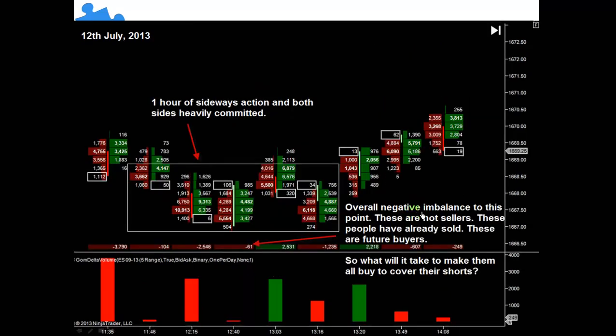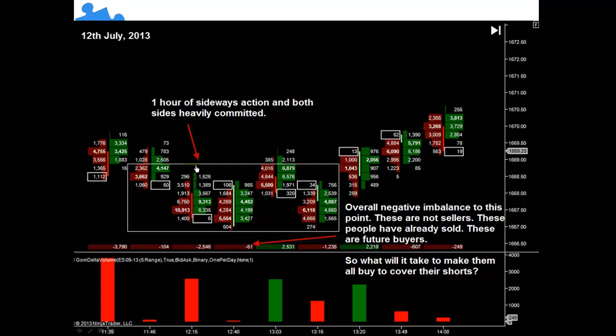Now this picture shows something different, and it shows how things become a little less clear when we range and then reverse. If we look at the bottom, as we go from left to right, we can see that here we did have some seller commitment. But as we go along, we can see that both sides are trading heavily.